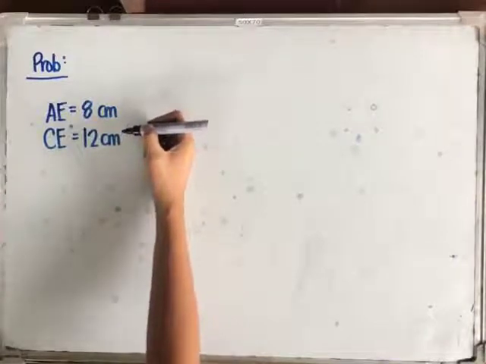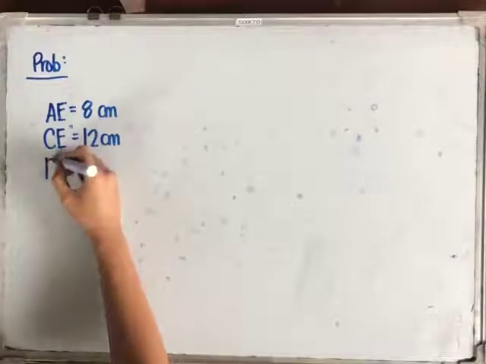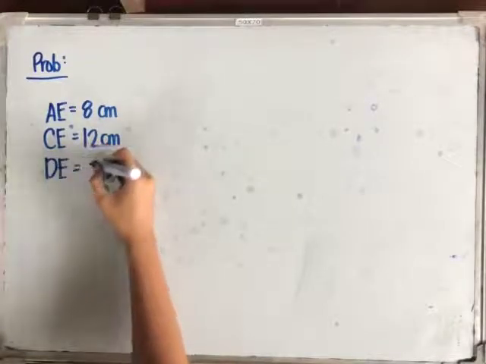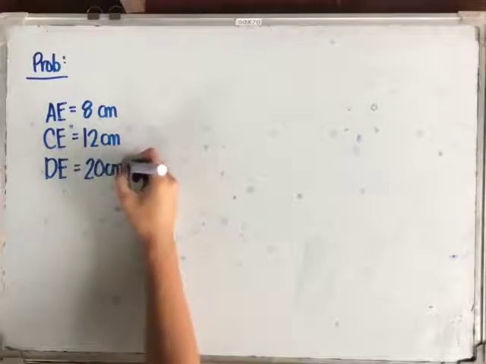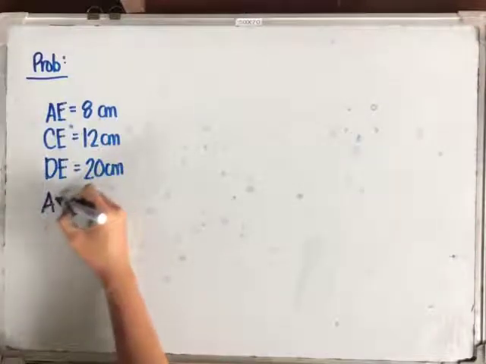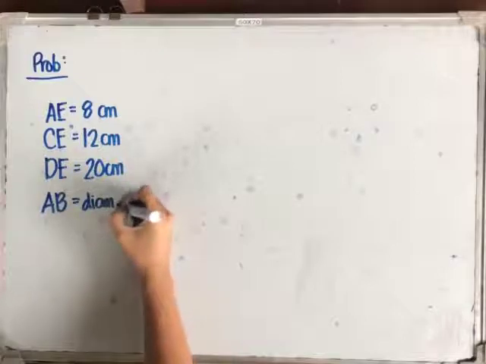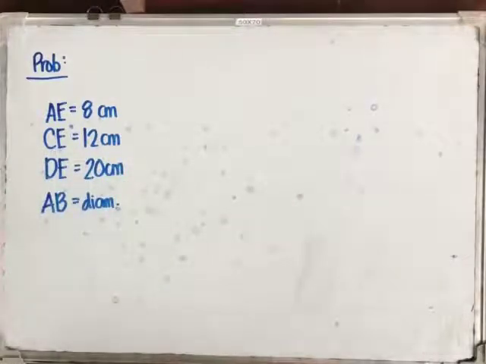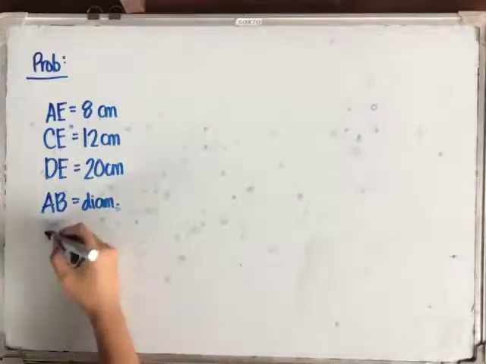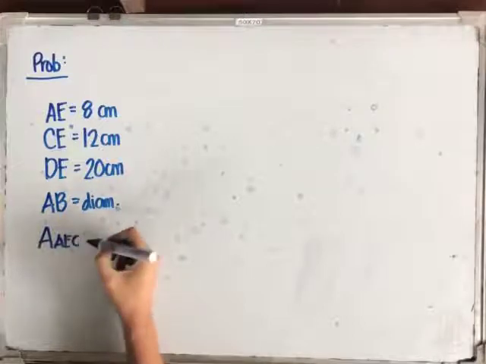We have DE, which is 20 centimeters. Okay, this is a board problem. If AB is the diameter, compute the area of AEC. What we are asked to do is compute for the area of AEC.